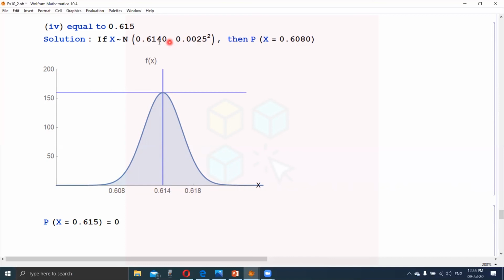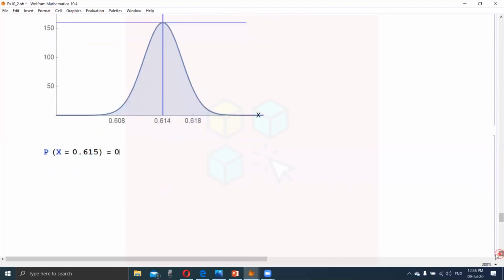In the middle there is 0.614, the mean, and our required point, which is 0.615, is more than this 0.614, so it comes on the right side of the mean.